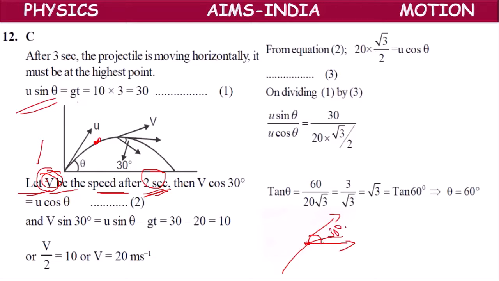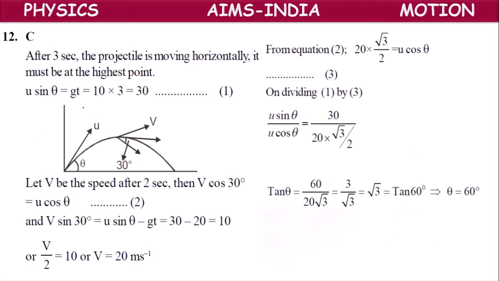So that v velocity will be divided into two components: v cos 30 along the horizontal direction, and v sin 30 along the vertical direction.